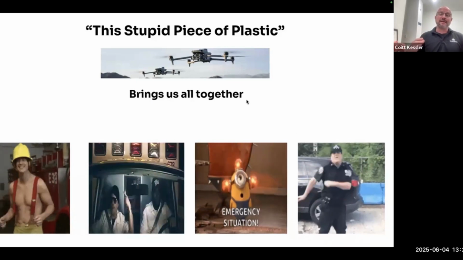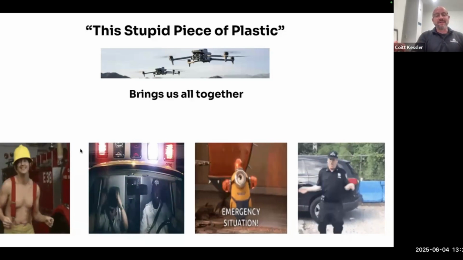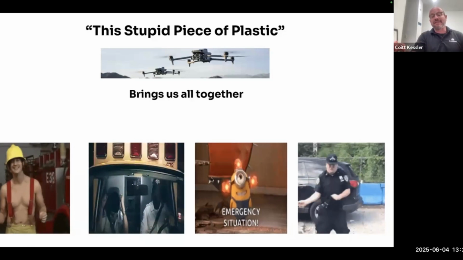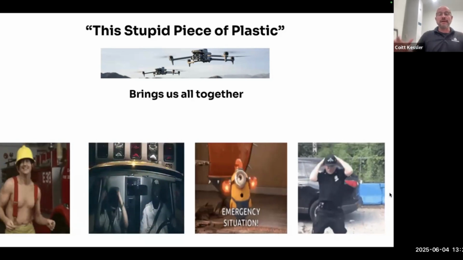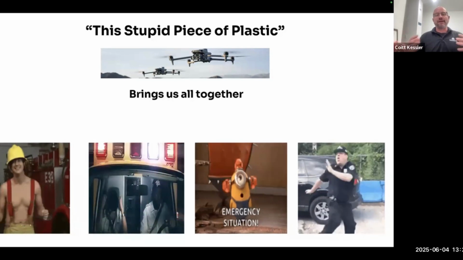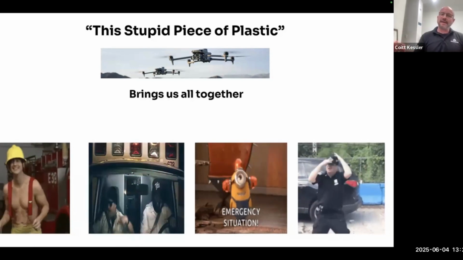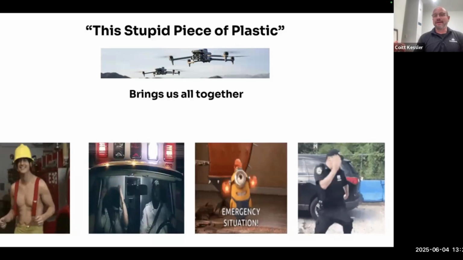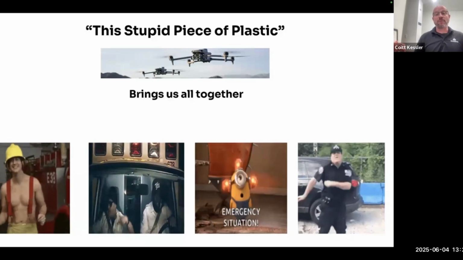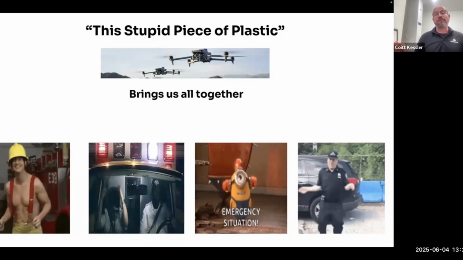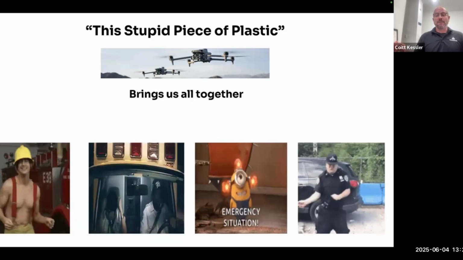So when we're looking at responding, it needs to be the fire department, the paramedics, the emergency managers, and the LEs, right? We need to be able to bring us all together and work. There isn't any state or federal organization that is going to be able to handle all these events at one time by itself.